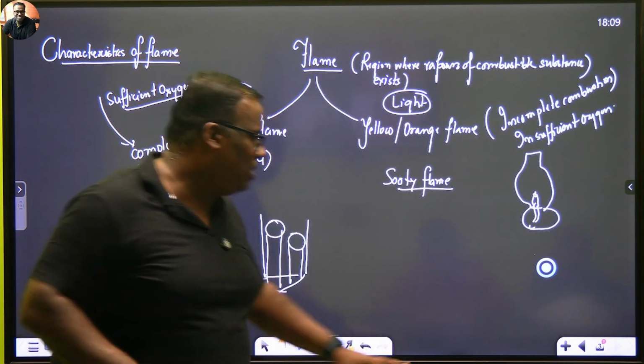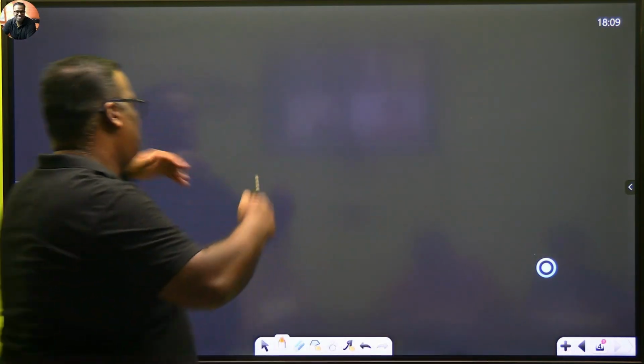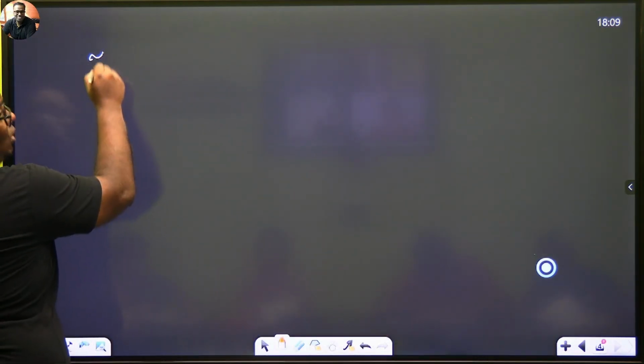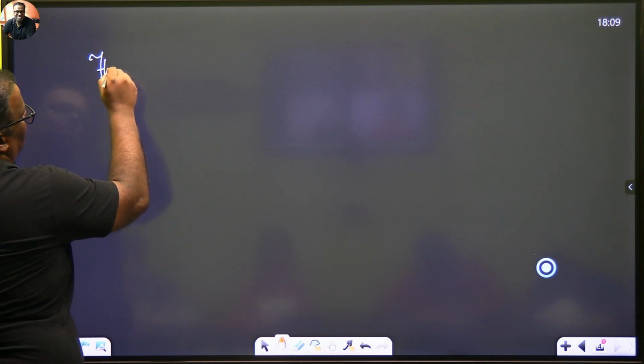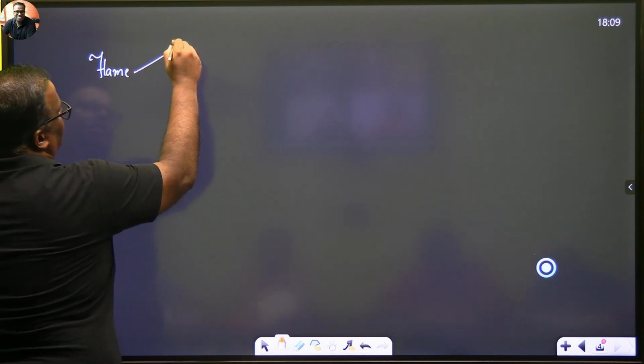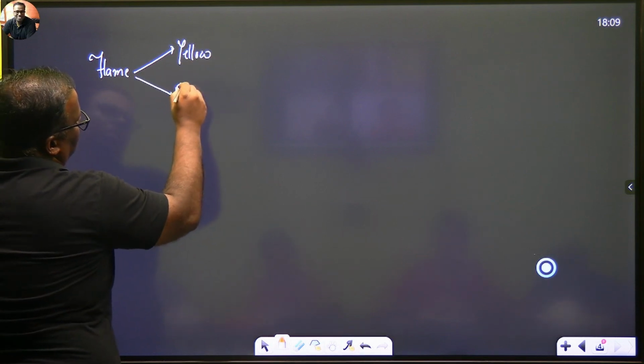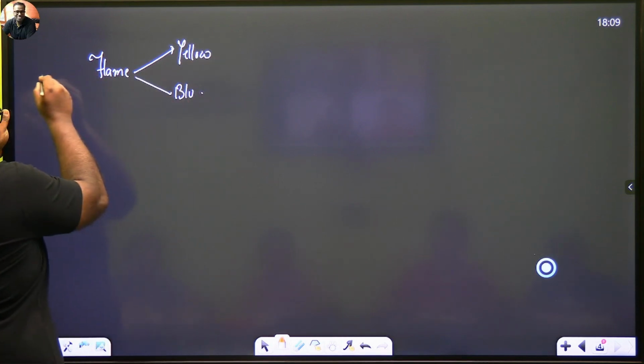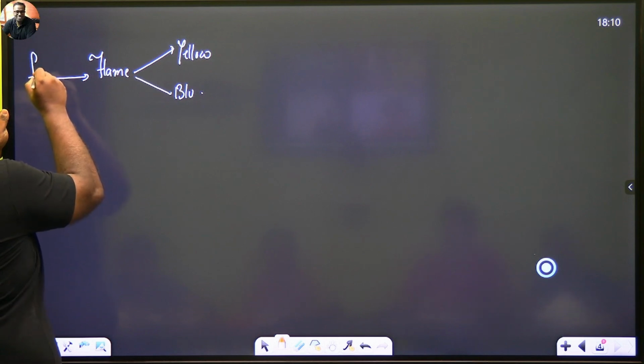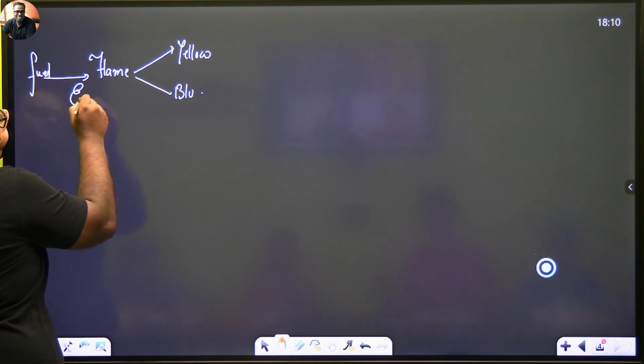So a lot of things we have understood. Let us summarize them. When we talk about a flame, you can get a yellow flame or a blue flame. The flame is coming from a fuel that you are burning, so obviously energy is there.